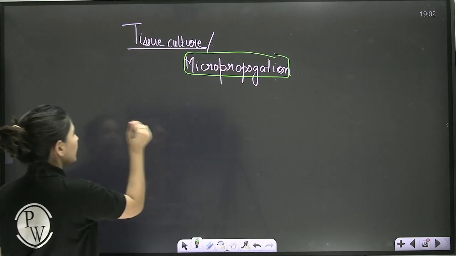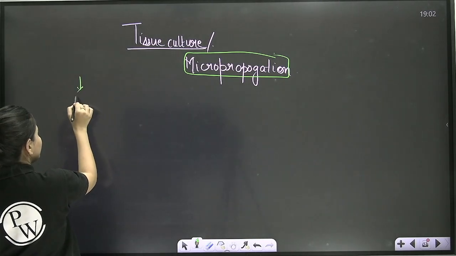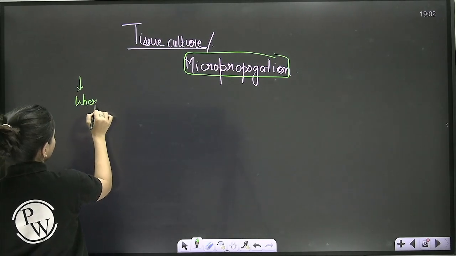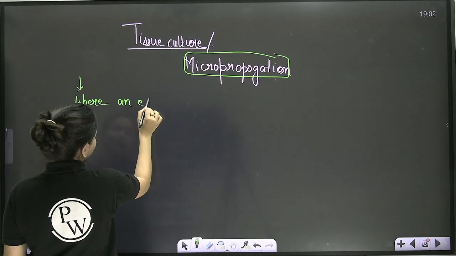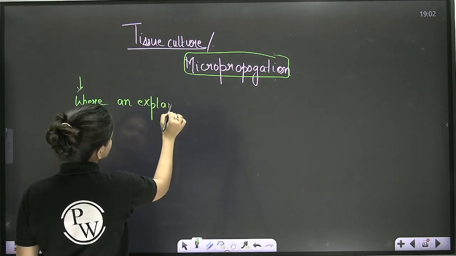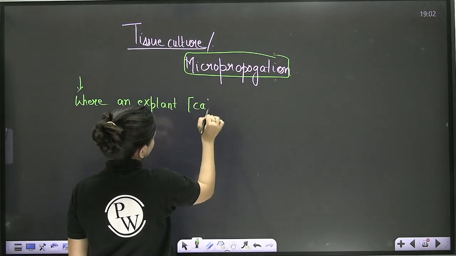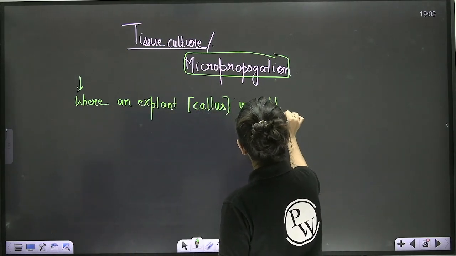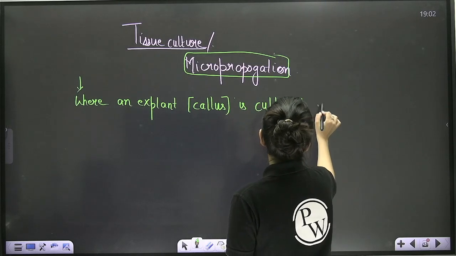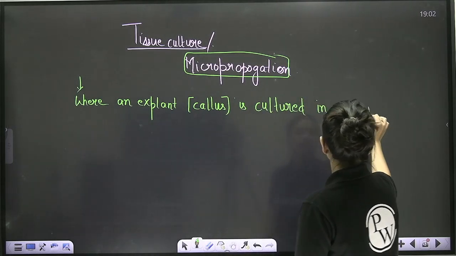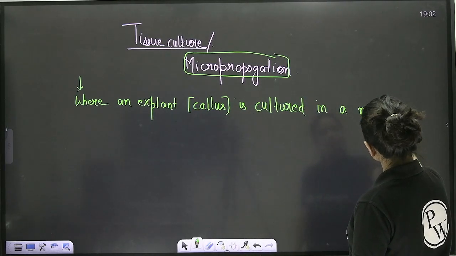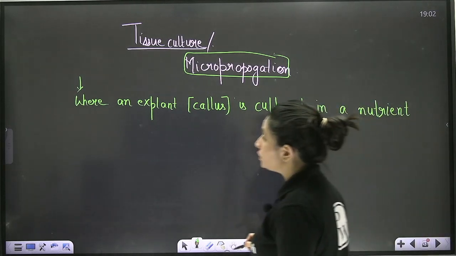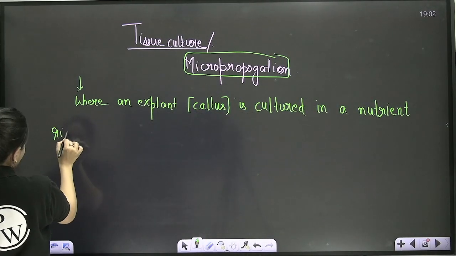So what is this micropropagation technique? It is a technique where an explant, may be like callus, is cultured in a nutrient rich medium.